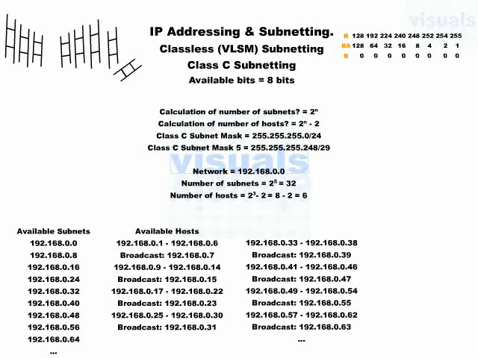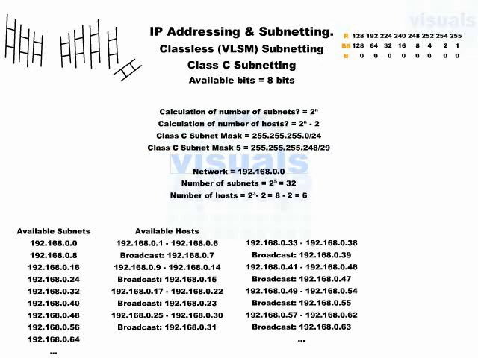Here it is. Now this is class C subnetting scenario number 5. In this scenario, I've applied 5 bits for subnets and the remaining 3 bits for hosts.